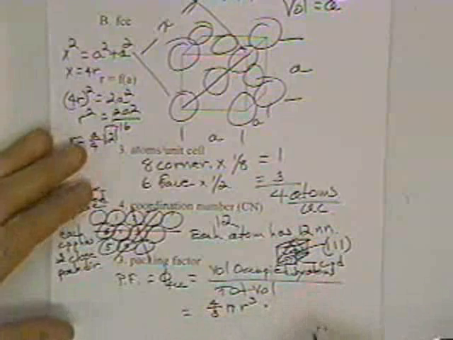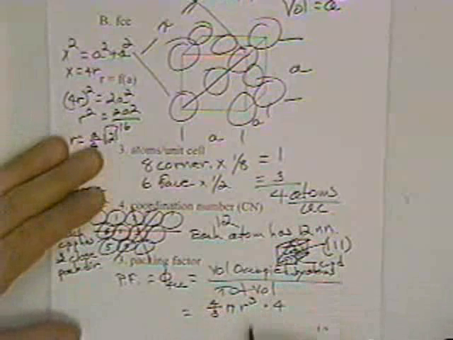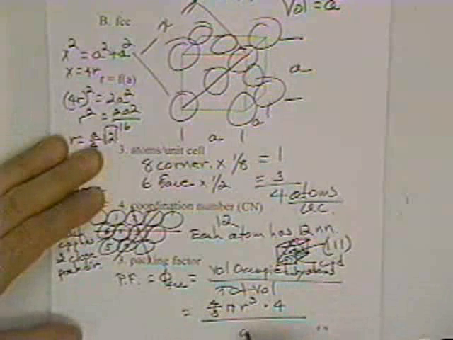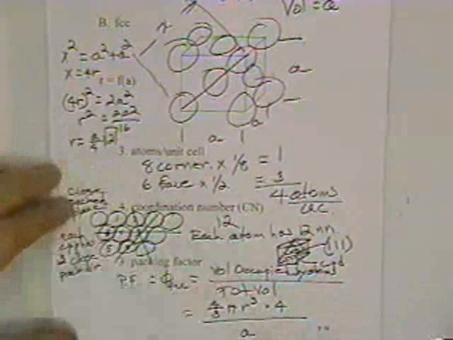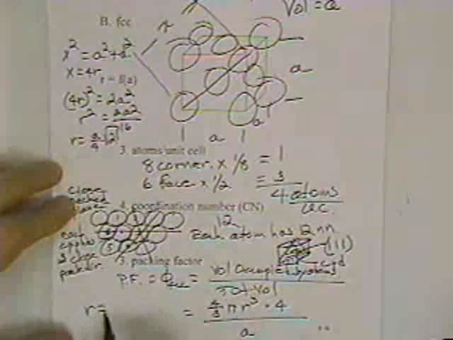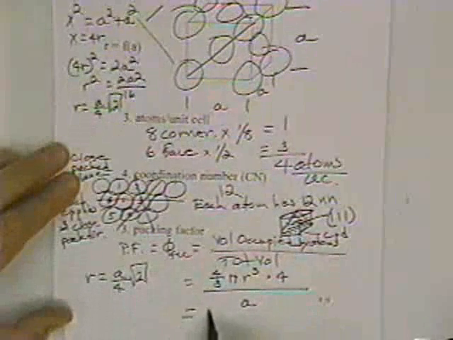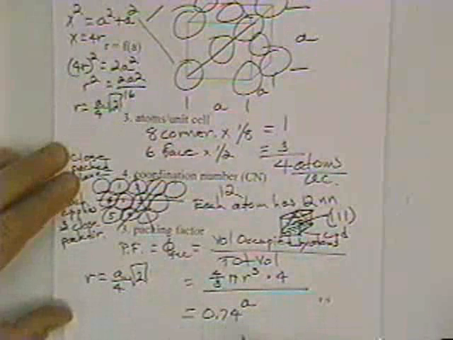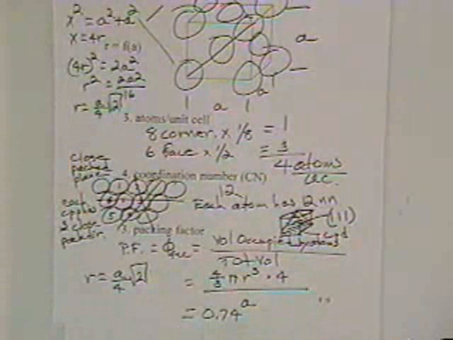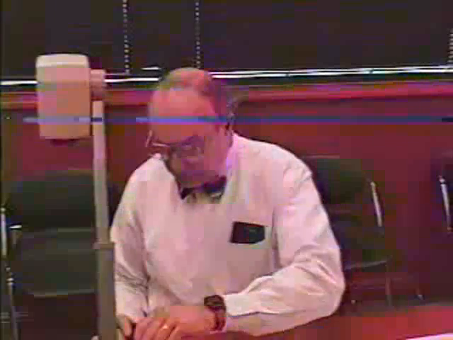Now, how many atoms per unit cell? Hope you're saying it. 4, divided by a cubed. And we know that r is equal to a over 4 square root of 2. If we substitute that in there, this will work out to be 0.74. And that's the highest packing density for a close packed structure.